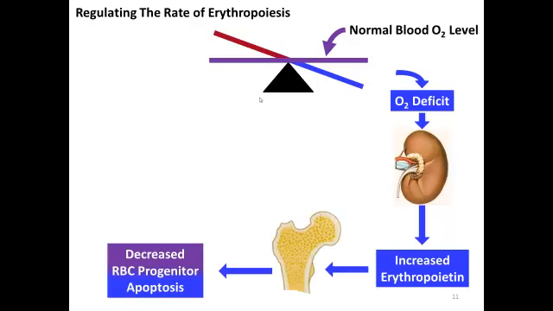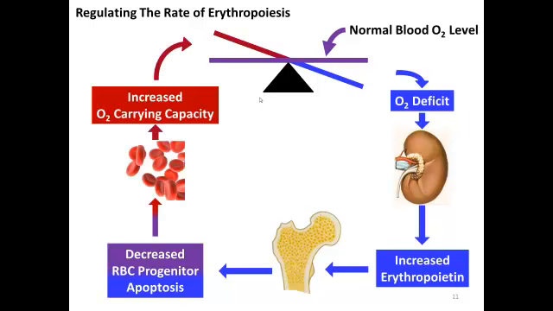That finds its way into the marrow, and the action of that hormone, erythropoietin, within the marrow is to decrease the apoptosis, the programmed cell death, of the progenitor cells. That leads to an increase in the number of red blood cells, which increases the oxygen-carrying capacity of the blood, which restores the balance. That's how the healthy kidney works. We'll call that a natural balancing loop.